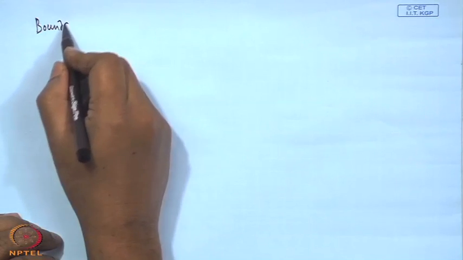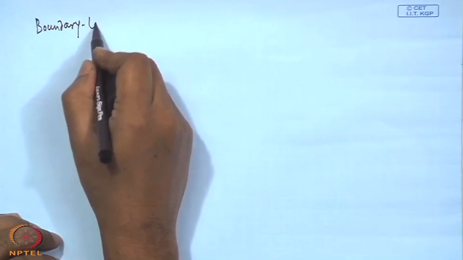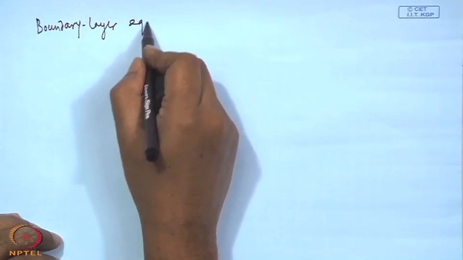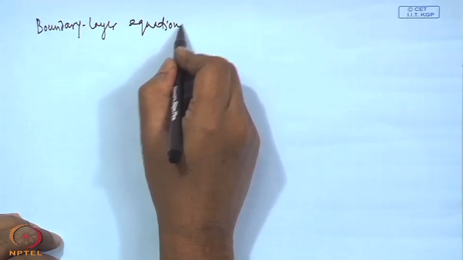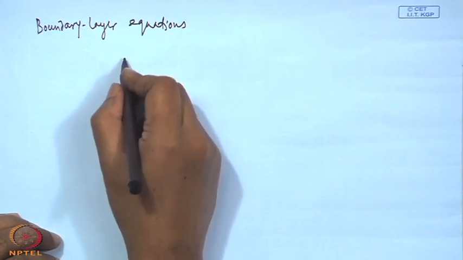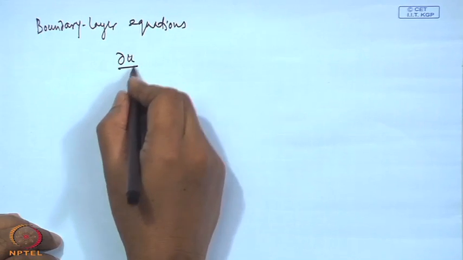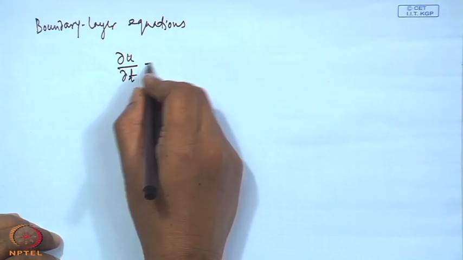Anyway, now let us come back to the boundary layer equations once again. The boundary layer equations. We have seen that the boundary layer flow can be solved by the approximate form of the Navier-Stokes equations.